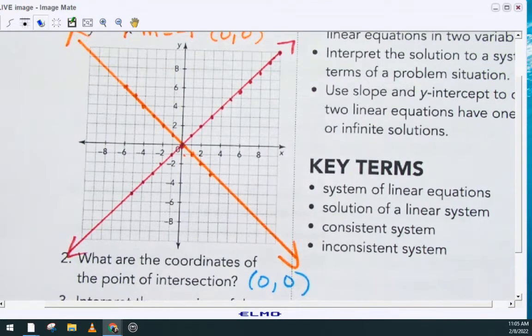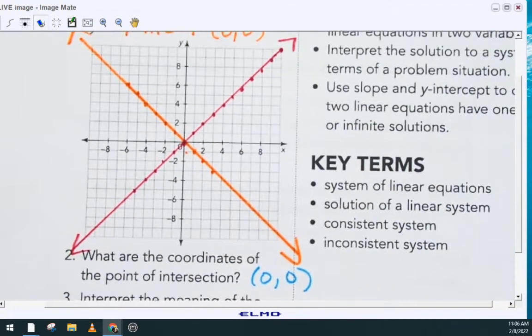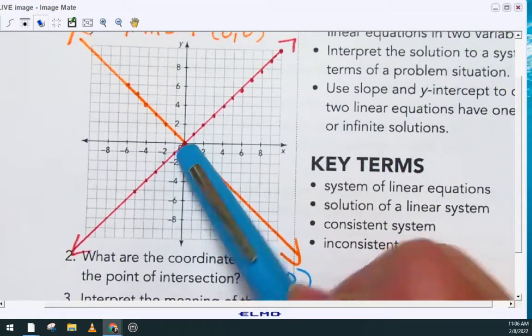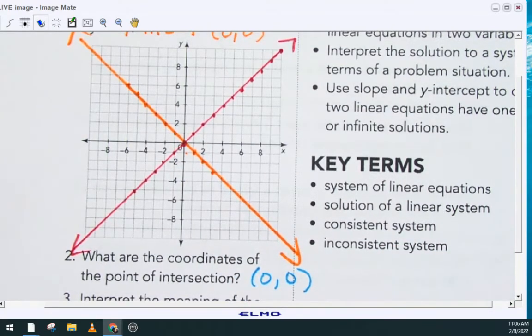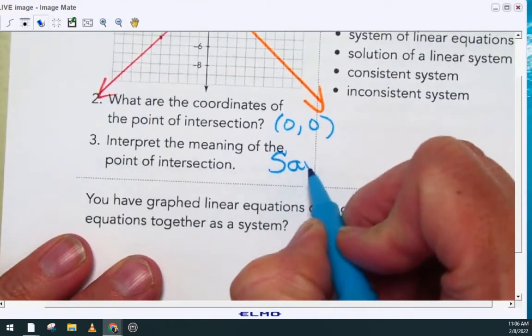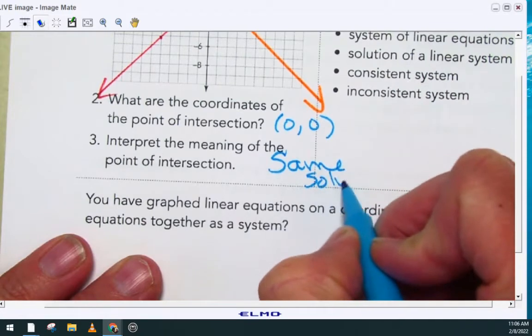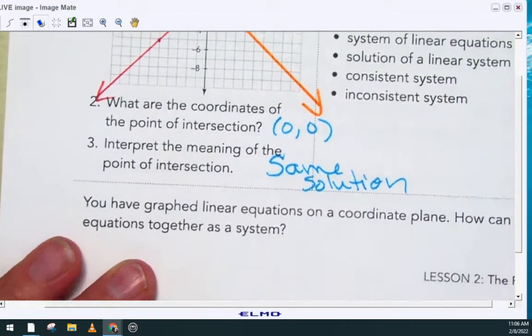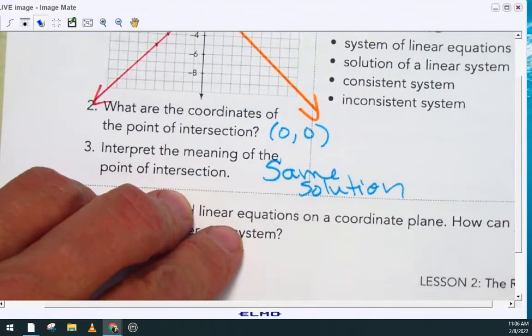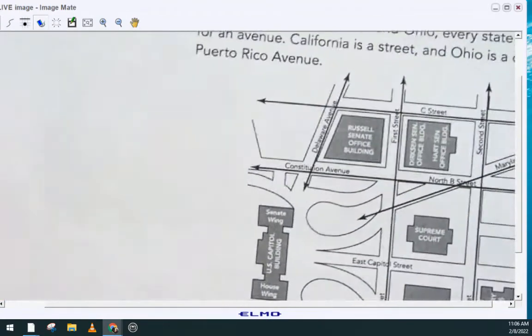Okay, what does it mean? This intersection means that right there is where they both have the exact same solution. They have the same solution. Okay, awesome. Let's go to the next page.